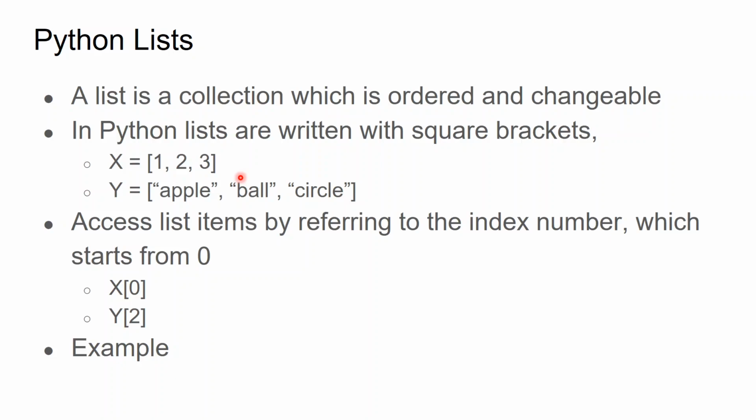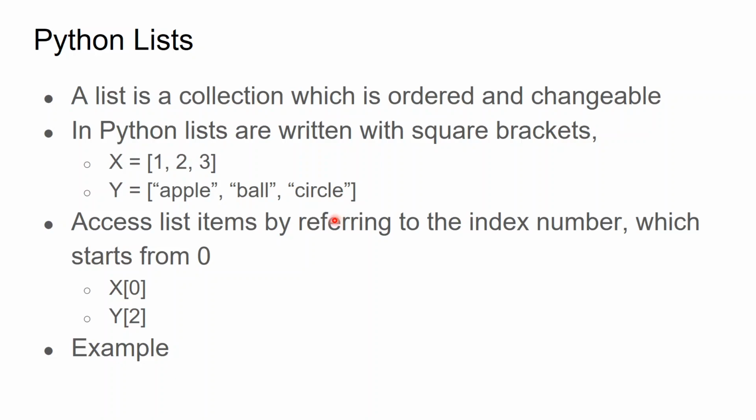Or you can see y equals left square bracket apple, ball, circle, and right square bracket. And because apple, ball, and circle are strings, y will be a list with string elements.